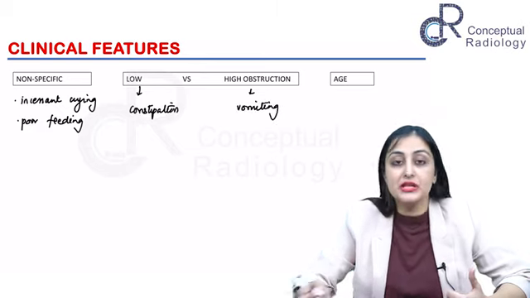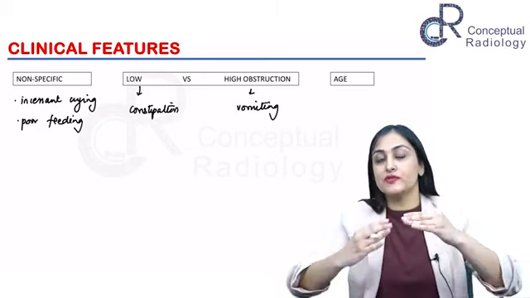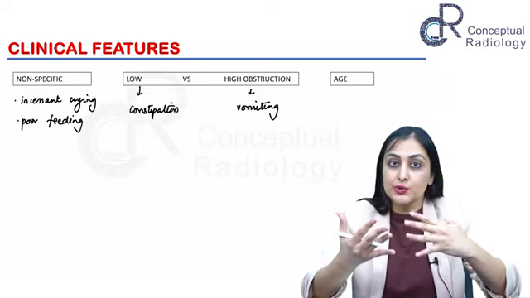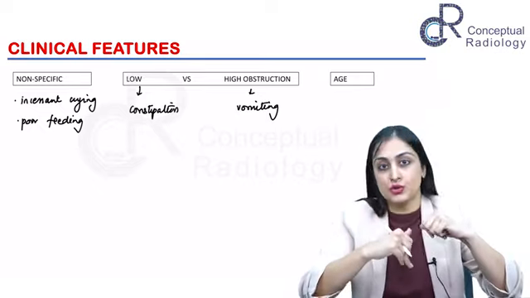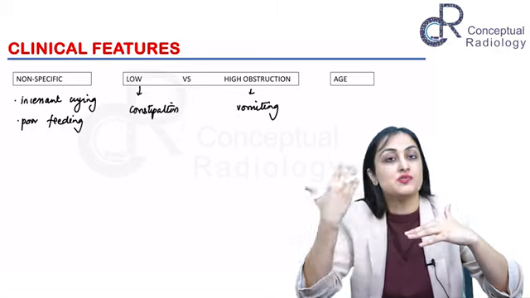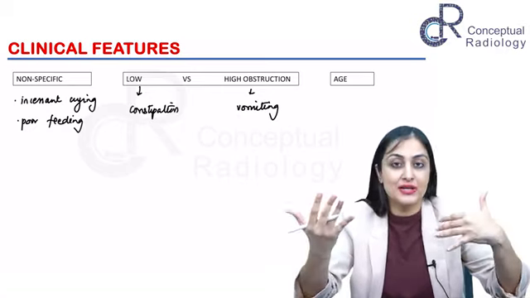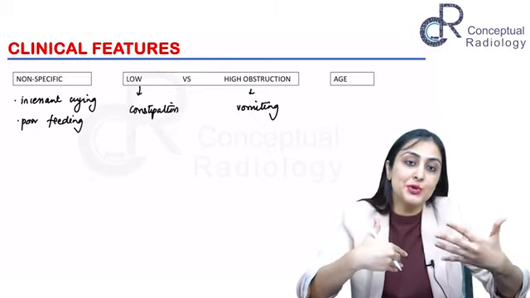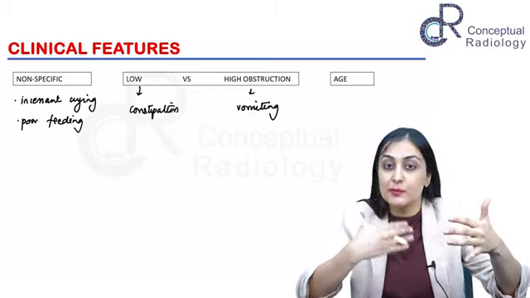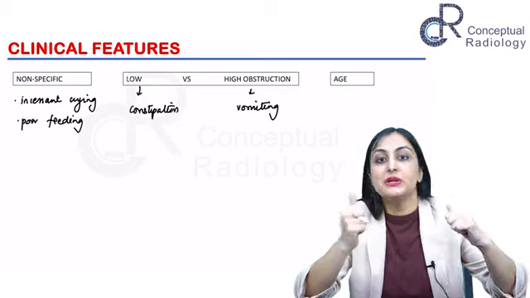So this could be bilious or non-bilious depending on whether it's proximal to the D2 part or it's distal to the D2 part. Obviously something which is proximal to D2 is going to be non-bilious vomiting, something like CHPS, something which is distal like duodenal atresia, ileal atresia, midgut volvulus, is all going to have bilious vomiting, right?